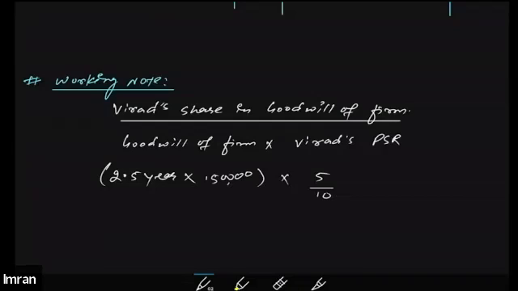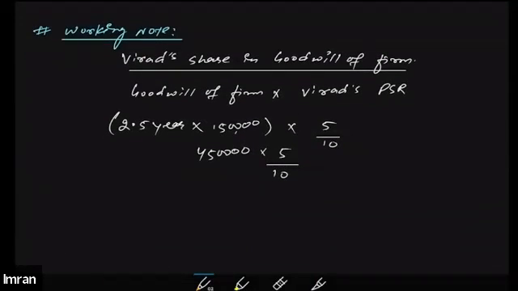So this will be, I guess, 4,50,000 into 5 by 10. So this should be how much? 4,50,000 into 5 by 10. This is 2,25,000, right? Is that clear to you?